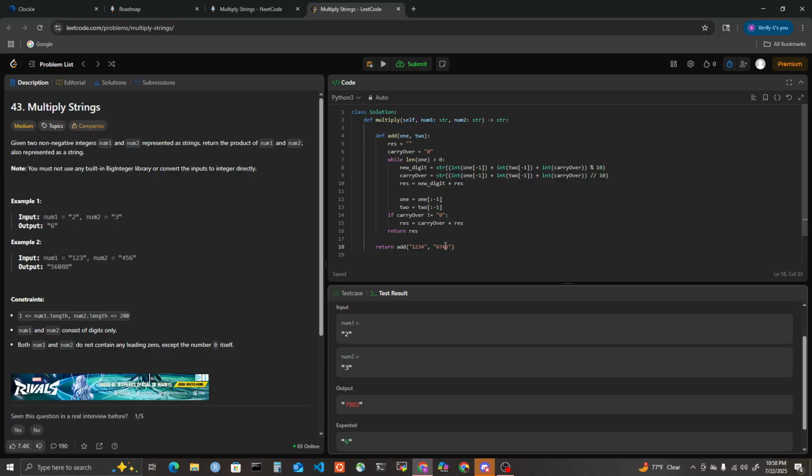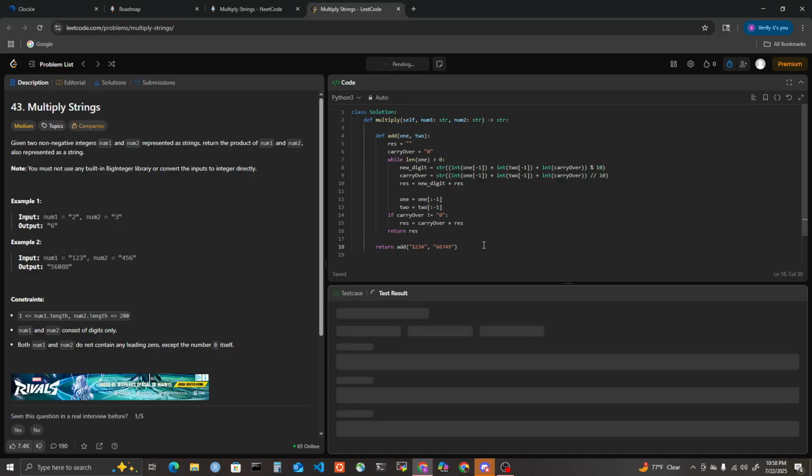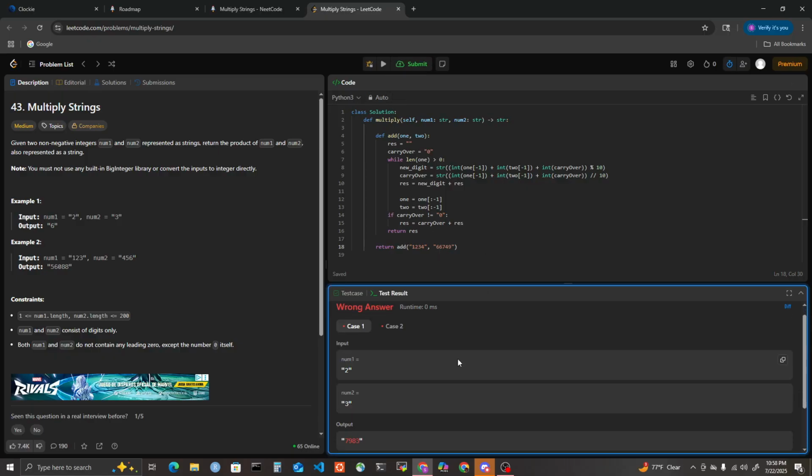So 4 plus would be 3. Okay, let's carry over 1. 7 should be 8. Should be 9. So okay, yeah, my add function works. Now let's see if it works with bigger or smaller inputs. That's the part that could be tricky.